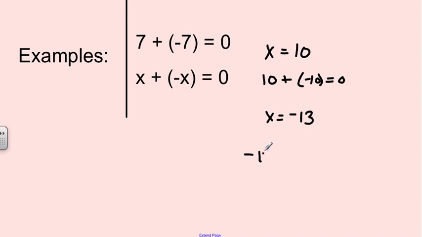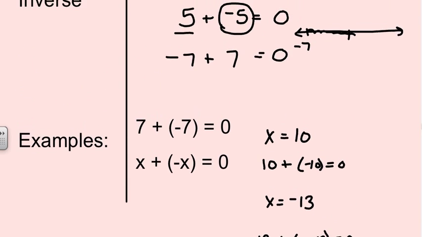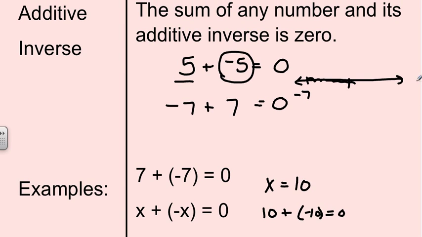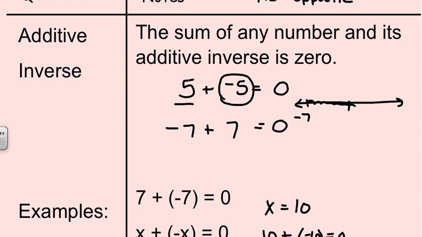So I'd have a negative 13 plus a double negative, which we'll talk about later. In this case, it turns out to be negative 13 plus 13, and that would still equal 0. So additive inverse is a number that you add to another number to make it equal 0, or its opposite.